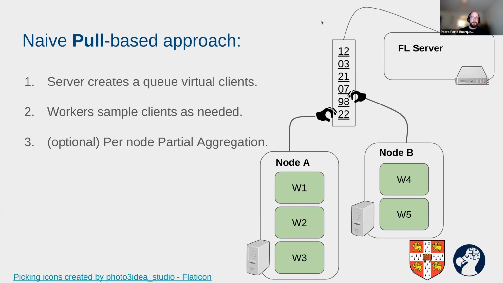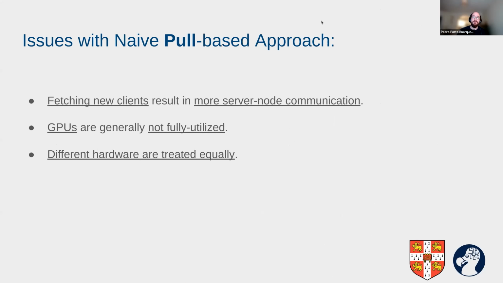The issues with this are that fetching new clients every time you finish one will incur more communication between the server and the node per round. GPUs, by doing it this way, will probably not be fully utilized. You have GPUs with a lot of free memory, especially when they're done with one client and still waiting for the communication.